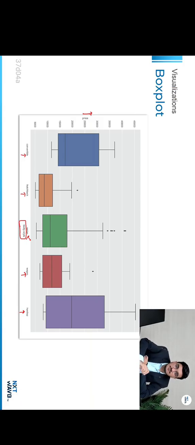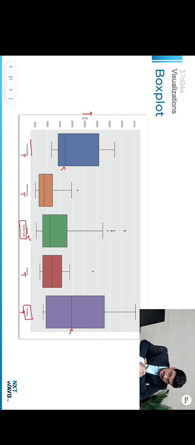For that, we have used the box plot. Here we can see that convertible and hardtop have the highest medians, right? Median value is highest for these two categories. So we can say that hardtop and convertible generally have higher prices compared to other categories.